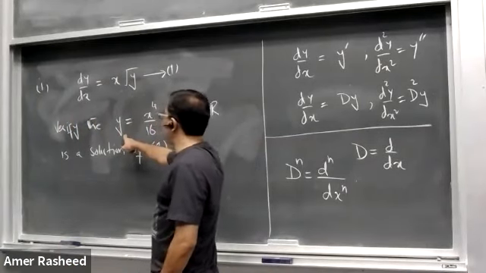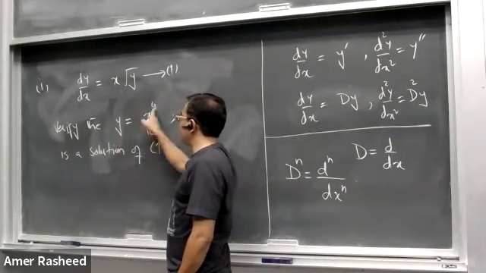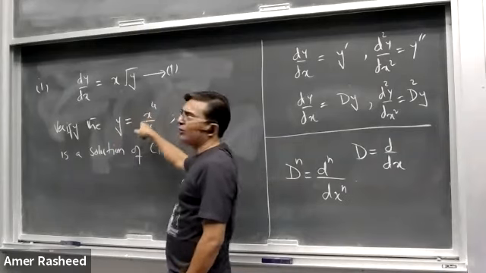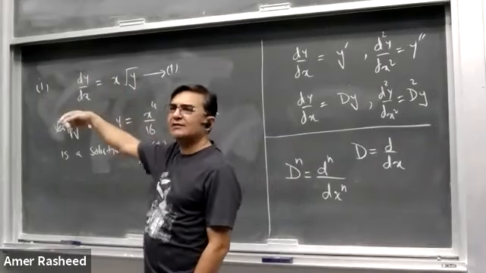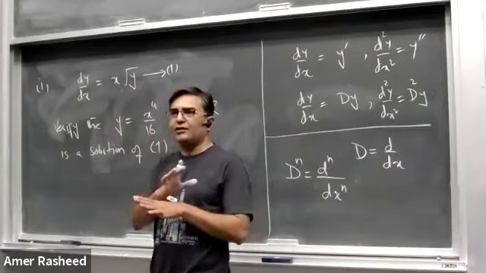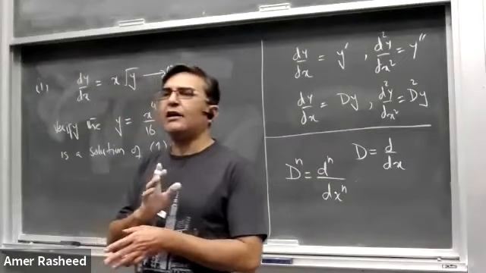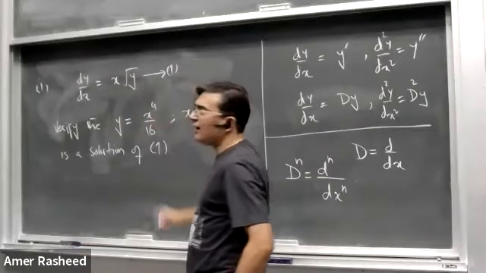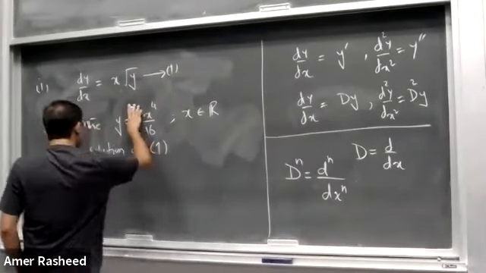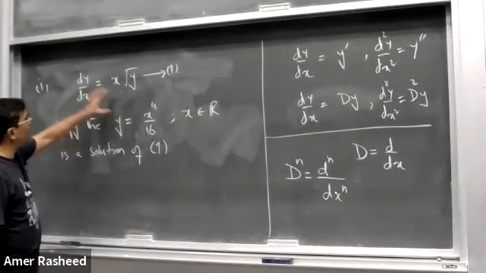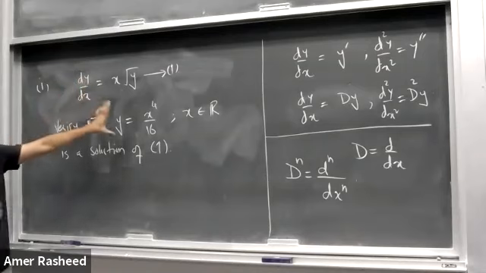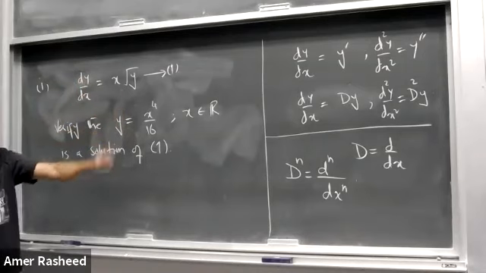Now, if you look at this function, y is x power 4 over 16. Its first derivative will be 4x cubed divided by 16, and that derivative is also continuous. There are no breaks, no singularities in y dash. So this function is differentiable, its derivative exists up to the order of the differential equation, at least, and that derivative is also continuous.